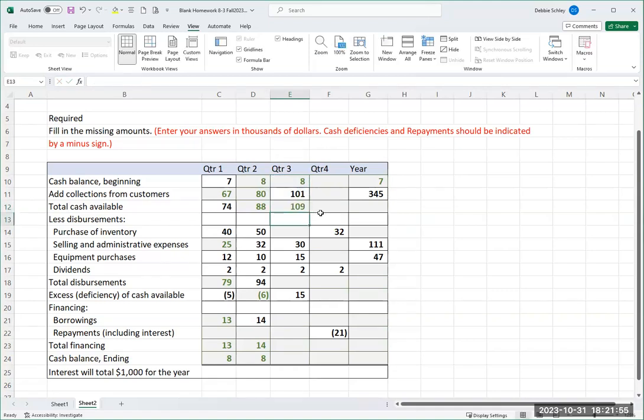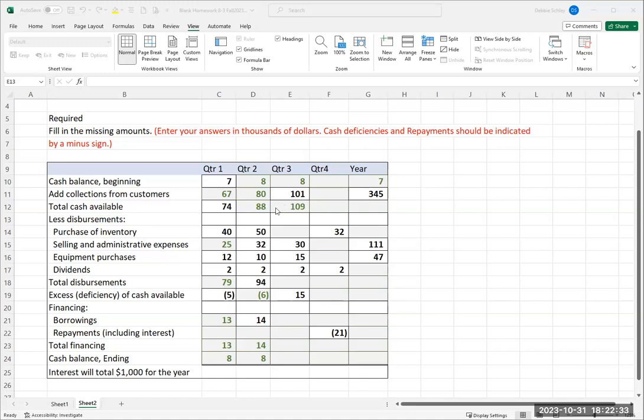Okay. Let's see. Okay. So I know that this 15 right here and the excess or deficiency of cash available.